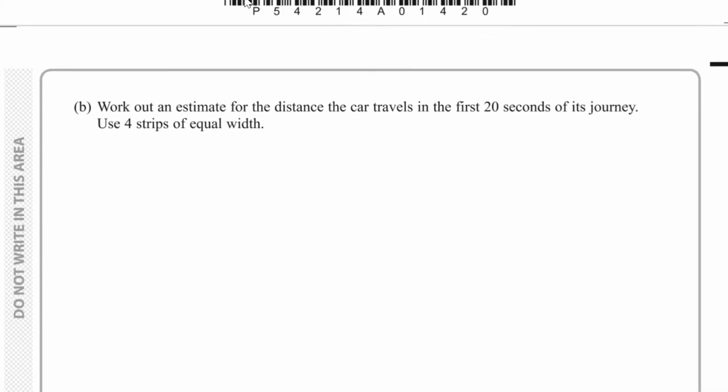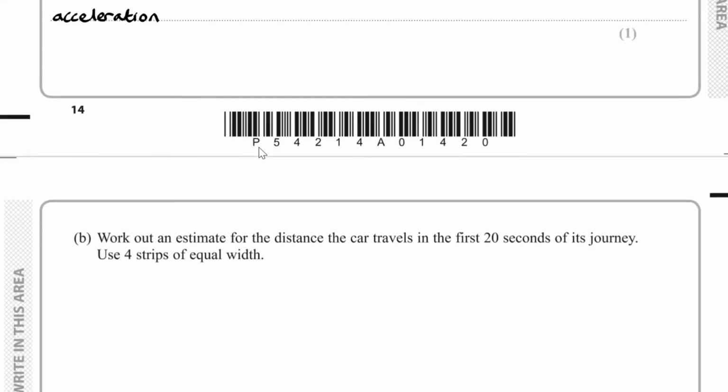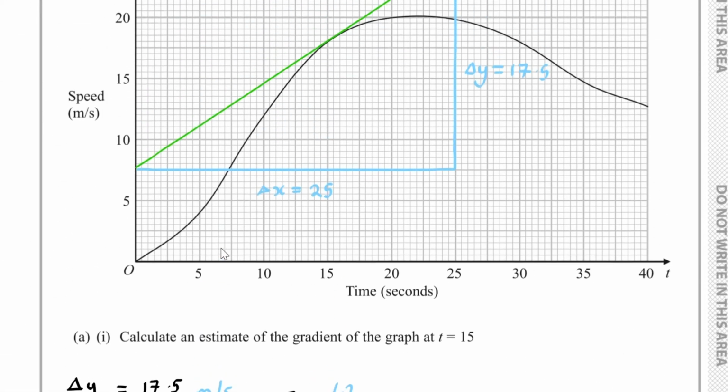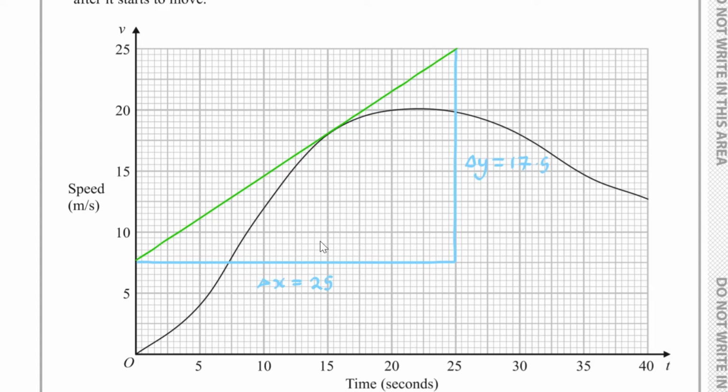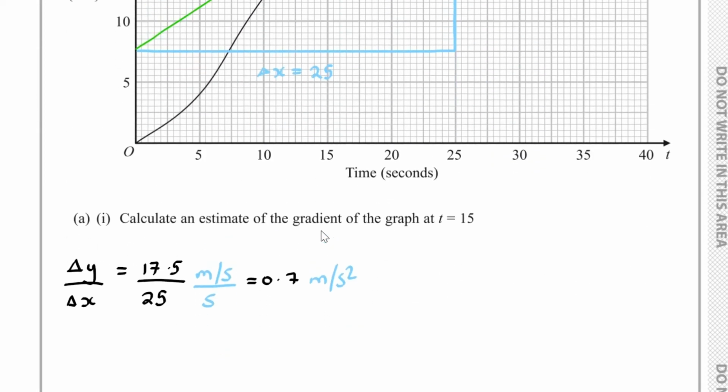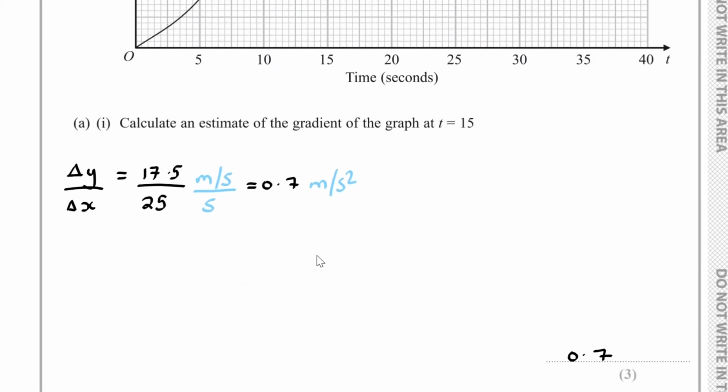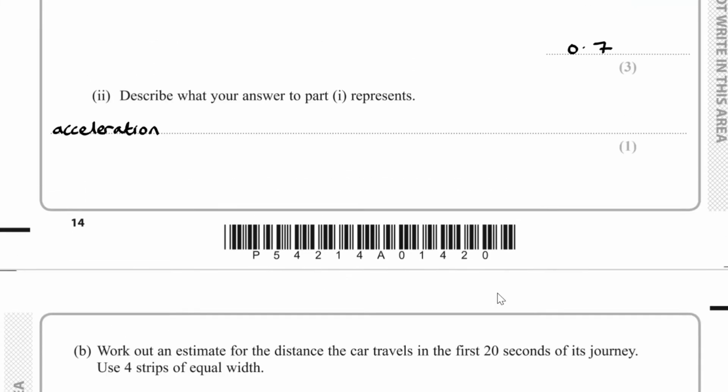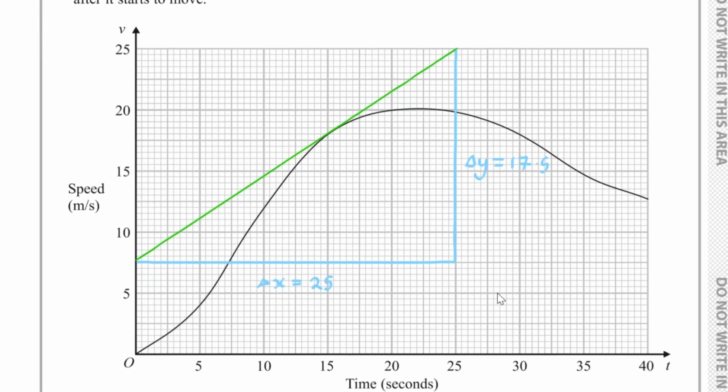And now for part B, we have to work out an estimate for the distance the car travels in the first 20 seconds of its journey, use 4 strips of equal width. Well, the area underneath represents the distance travelled. So we want to use 4 equal strips in the first 20 seconds, so we can split this up into the following.